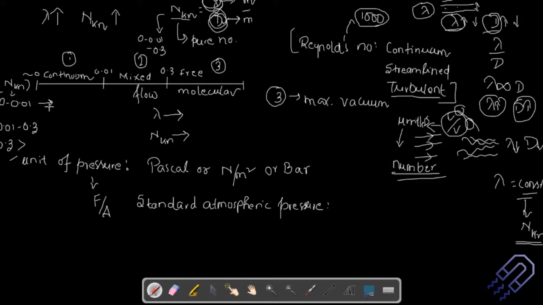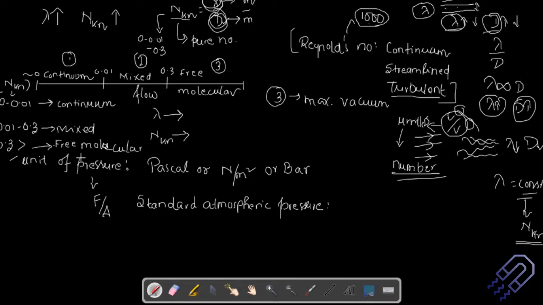The first range is called continuum. The second range is called the mixed state, and the third one is called free molecular. So we really cannot call it a graph, it's just a representation on a line.